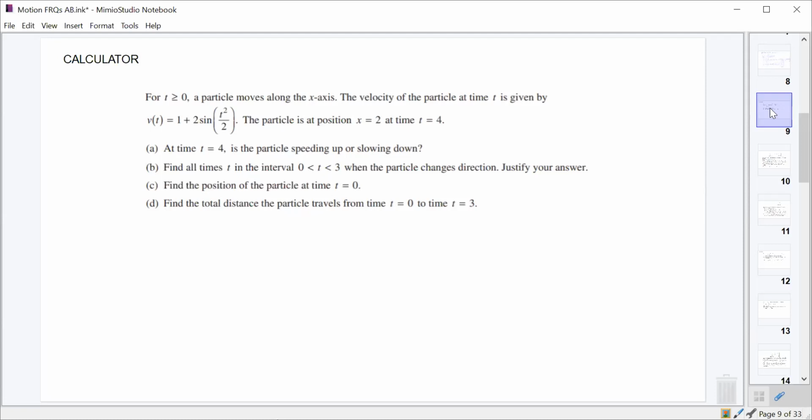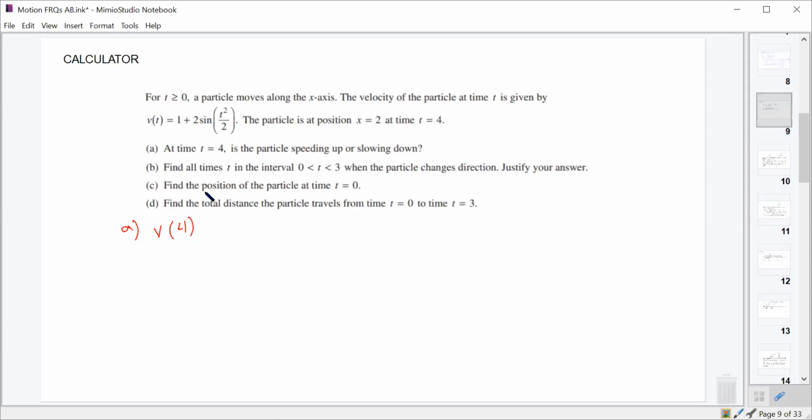We want to know at time t equals 4, is the particle speeding up or is the particle slowing down? This is, again, speed, which means we need to see if the velocity and the acceleration have the same signs or different signs. So we'll first find v of 4.